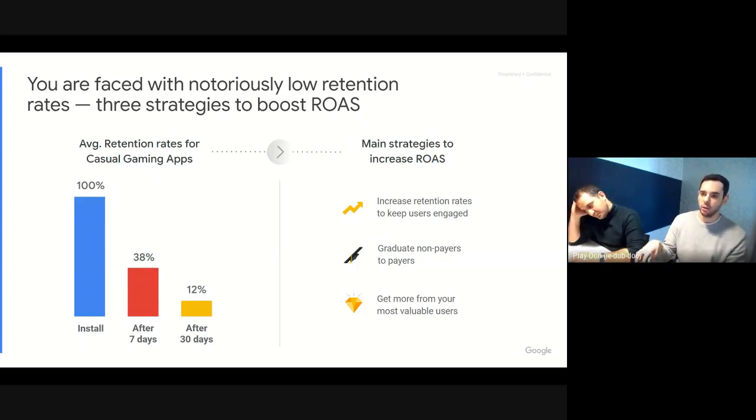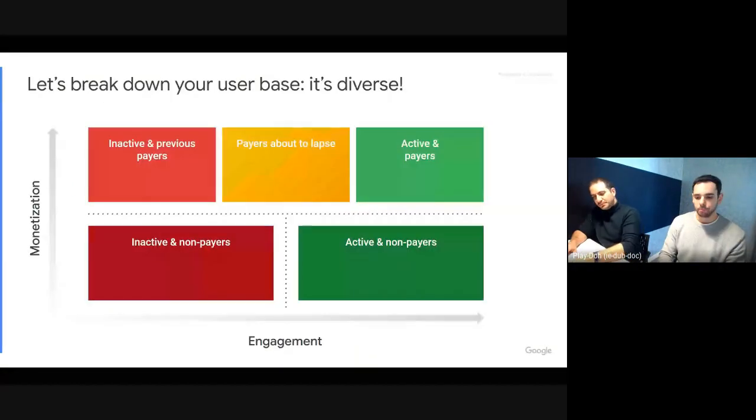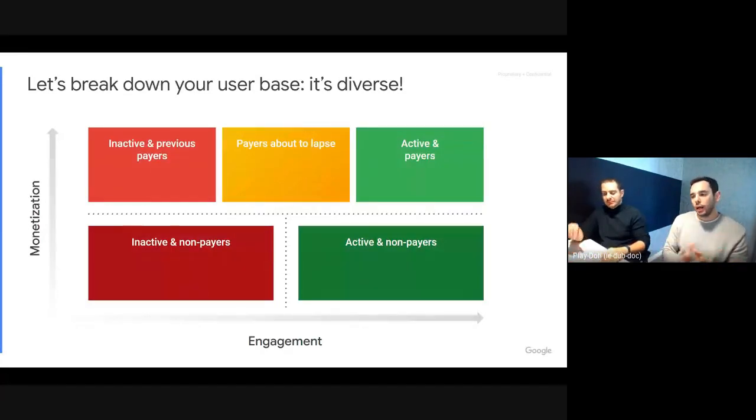How do you get users who you already know are worth a lot and are valuable to spend more or spend again once they stopped? So yeah. What we did here with our internal analysis is split users into 5 buckets or 5 groups.